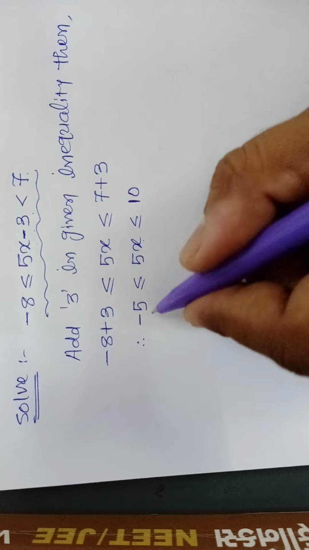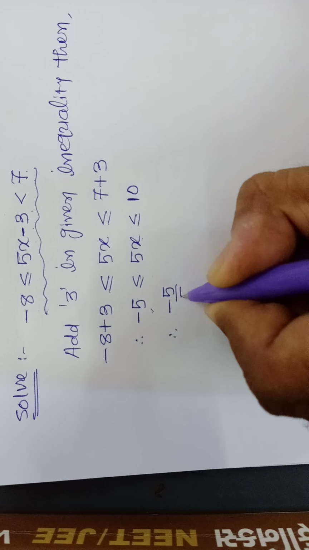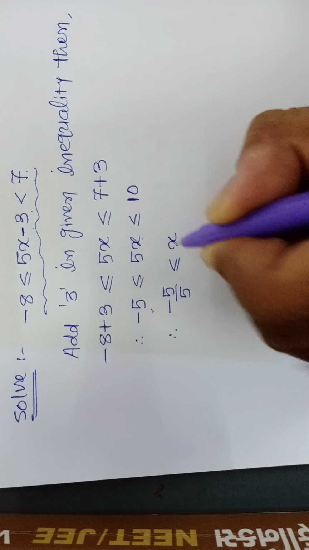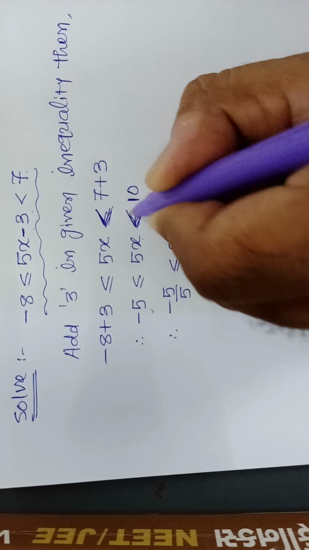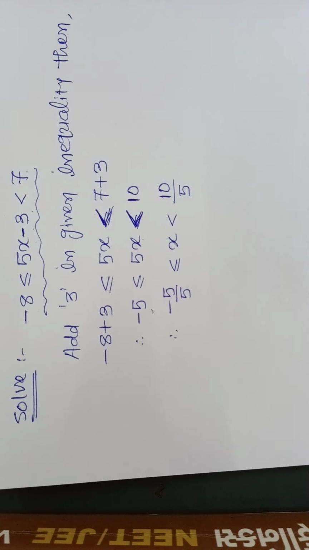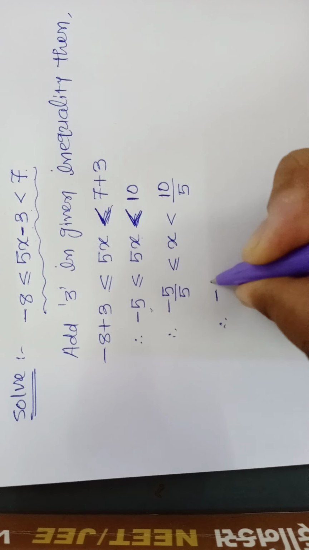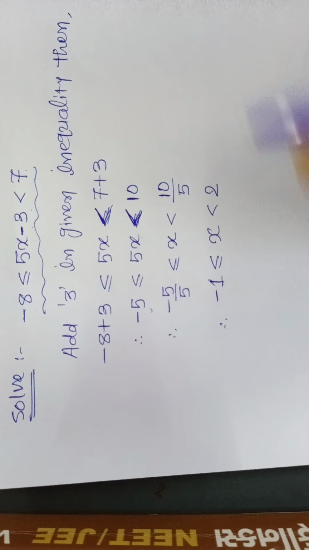Okay, this 5 is going on both sides, so I have to write -5 by 5 less than or equal to x. Sorry, here only less than is there, not equality. So less than 10 by 5, right? And therefore this is -1 less than or equal to x is less than 2.